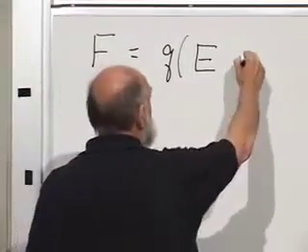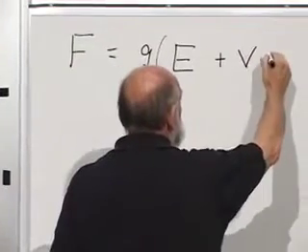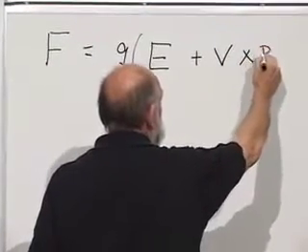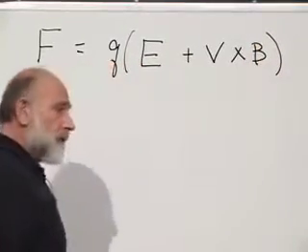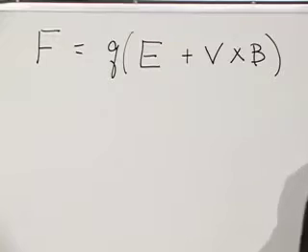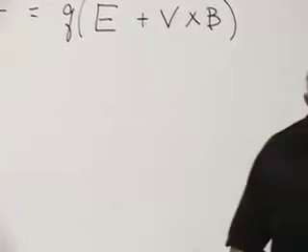The thing that depends on the magnetic field is the cross product of the velocity with the magnetic field. That's the basic influence of electric and magnetic fields on charged particles, to exert forces on them, to push them and pull them around and so forth.